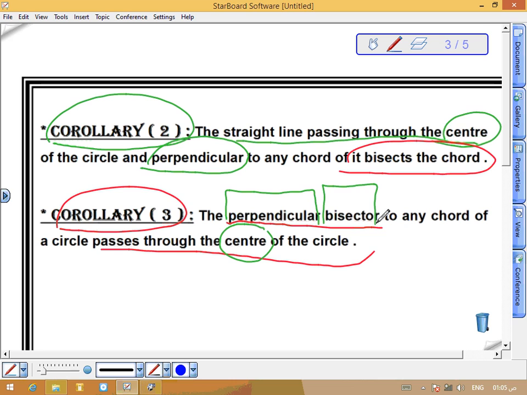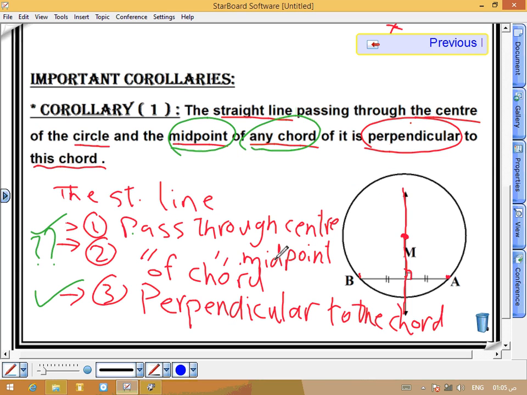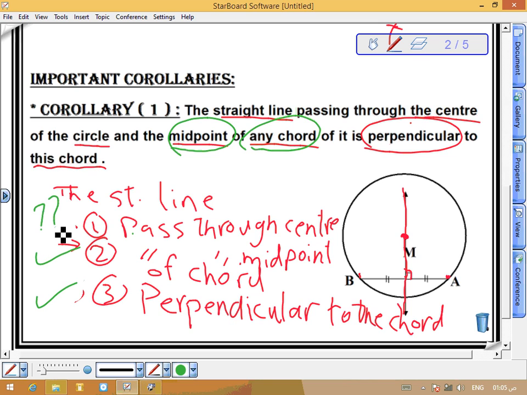So the result was the center of the circle. If we go to the previous page, we will see that the third corollary has given us that the straight line is a perpendicular and bisector to the chord, passes through its midpoint. So they wanted us to say that this line passes through the center of the circle.